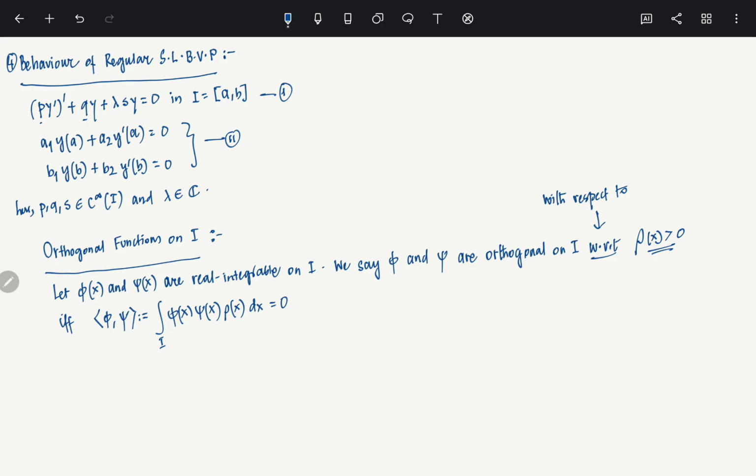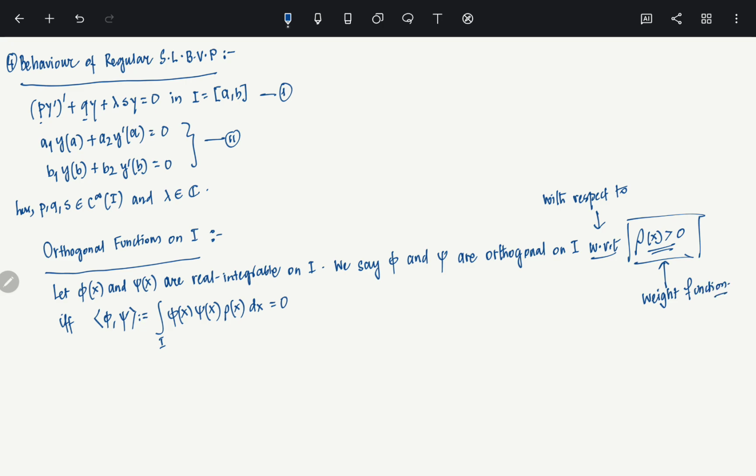For two vectors, if the dot product is 0, then that is orthogonal. Here for two functions, the integral of the product of the two functions with rho of x should be 0. A very important thing is that rho has to be a positive function, and we call this rho a weight function. So we say it is orthogonal with respect to the weight function.